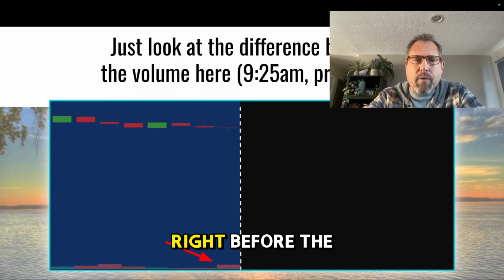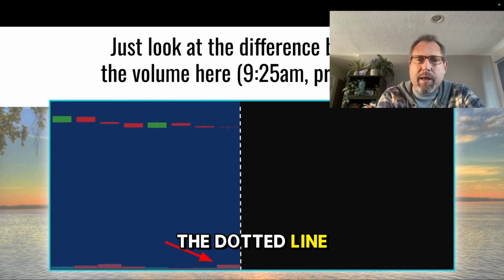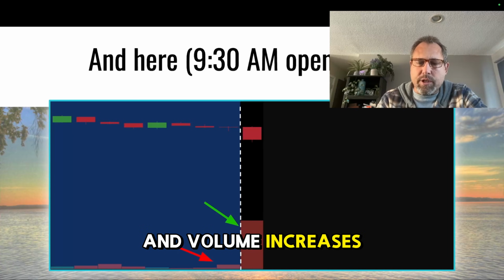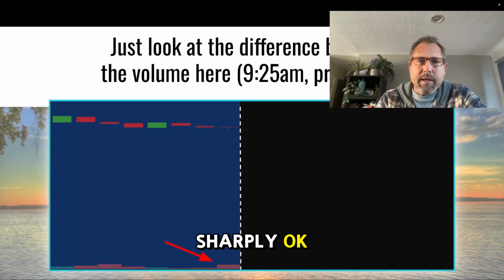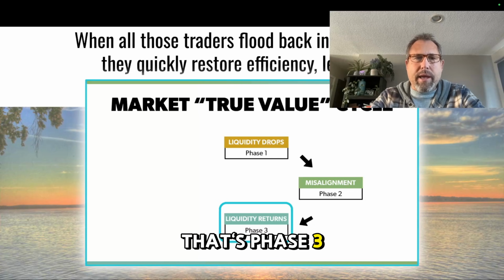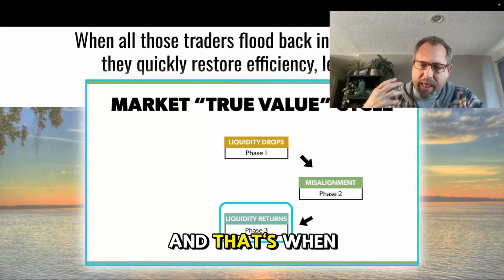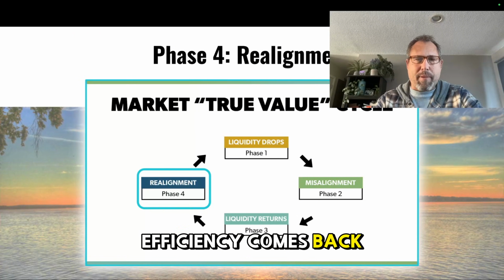You can see right before the dotted line being the market open, volume is very light. Boom, the bell rings, traders get back into the market, and volume increases sharply, okay?